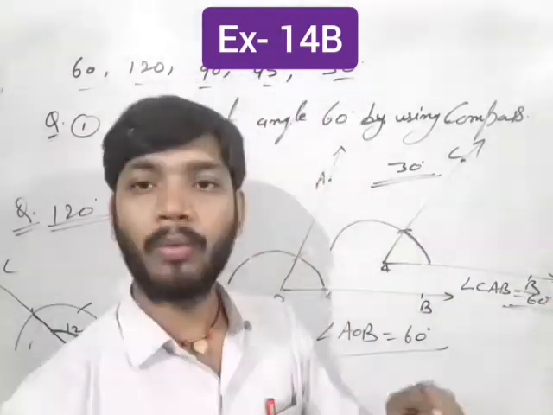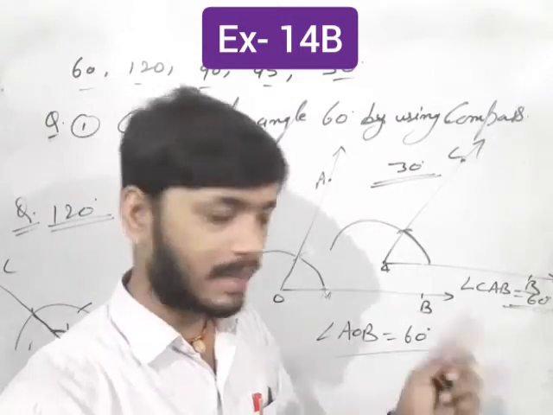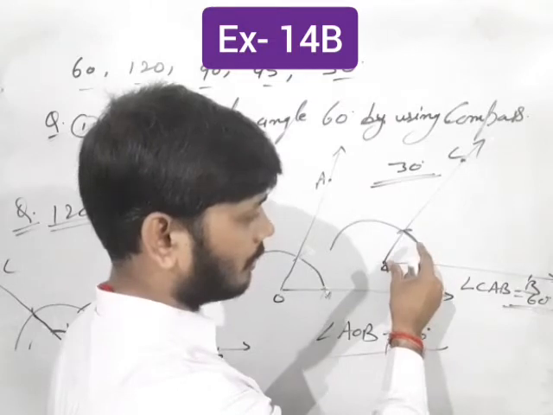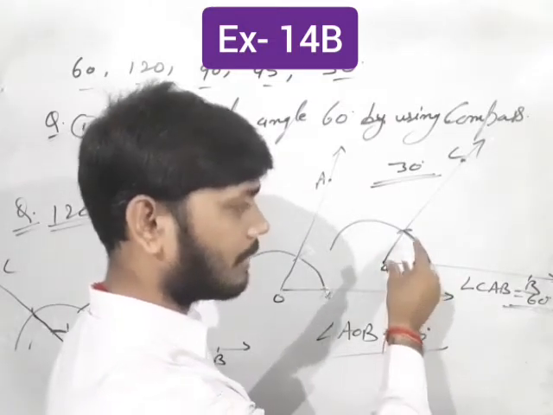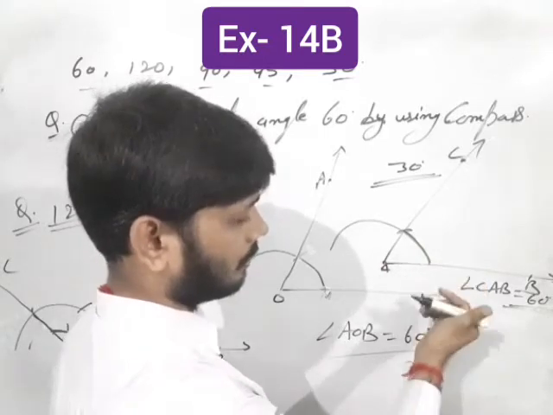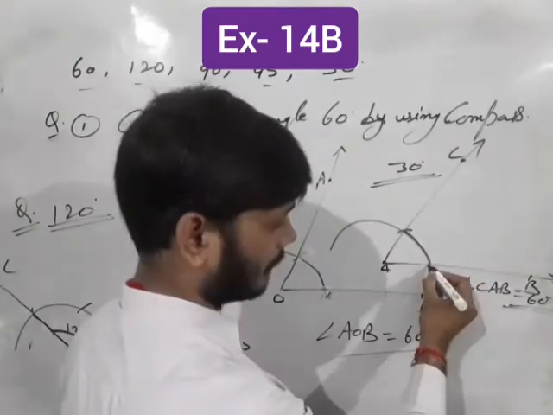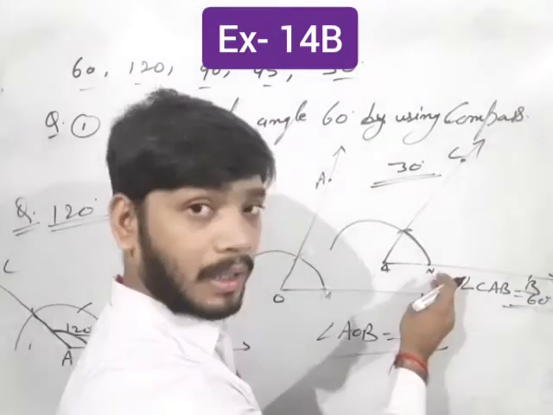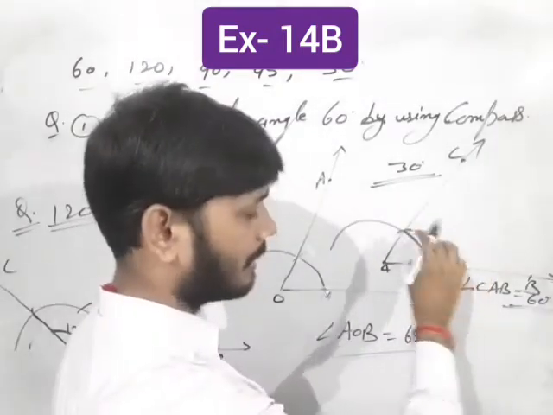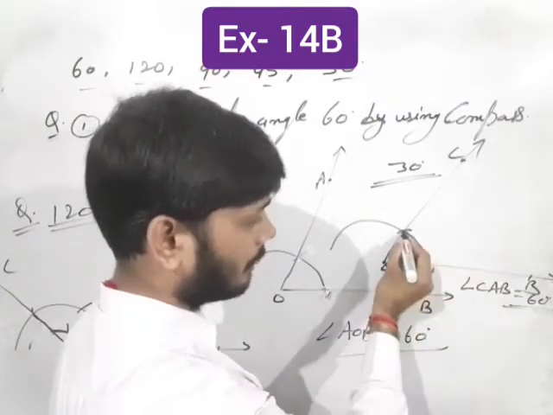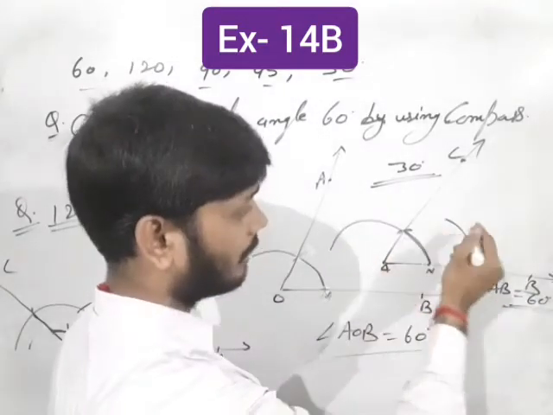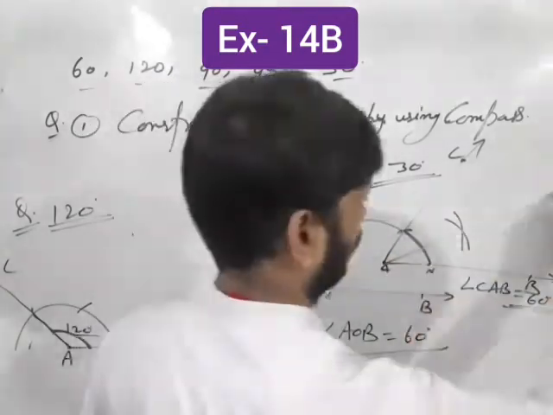And now students, you have to bisect. What is the rule of bisecting? Expand the compass, fix the compass at N, and draw an arc with the same radius, more than half of this arc. Here one, and from here another, and join this.